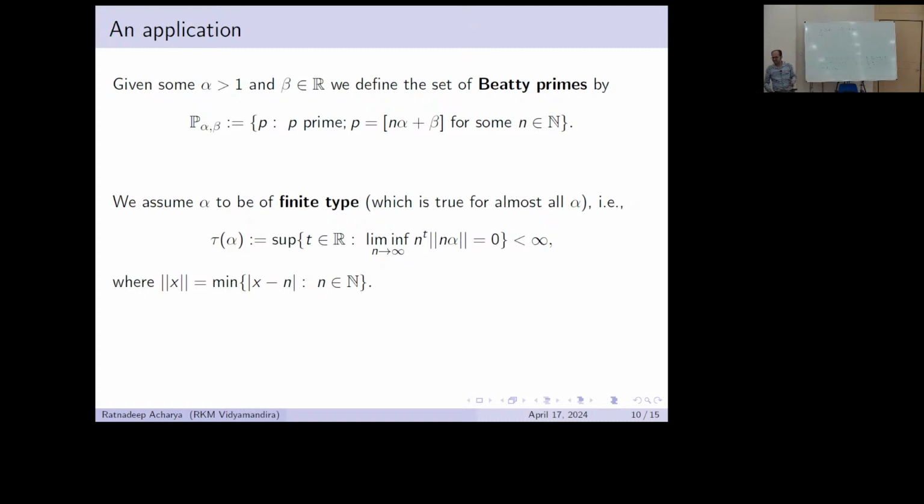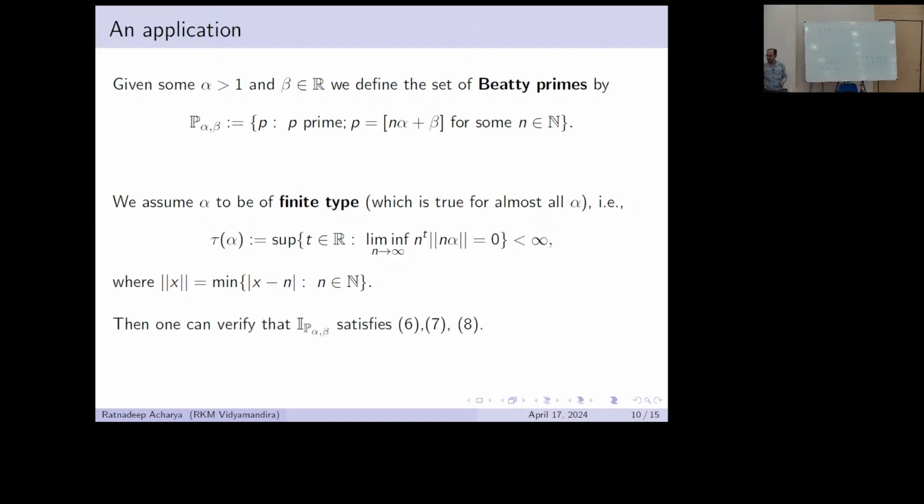So the advantage of finite type is that we have some nice rational approximation for those alphas, which will be crucial to prove the corresponding Bombieri-Vinogradov type inequality.